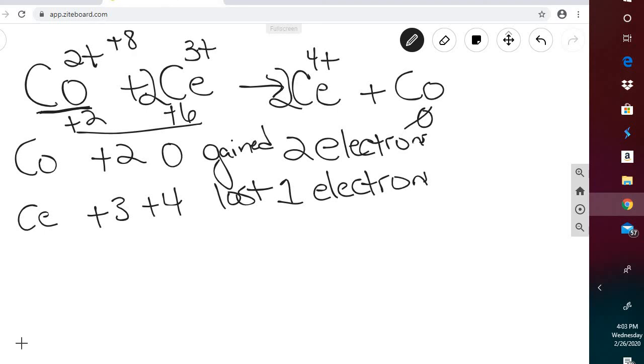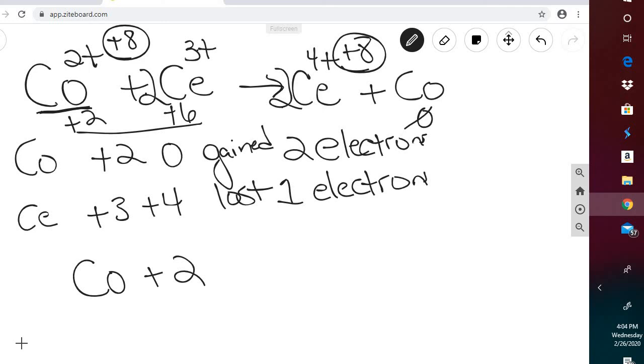And over here we have a 0, and then 2 times 4, so the total charge there is also +8.